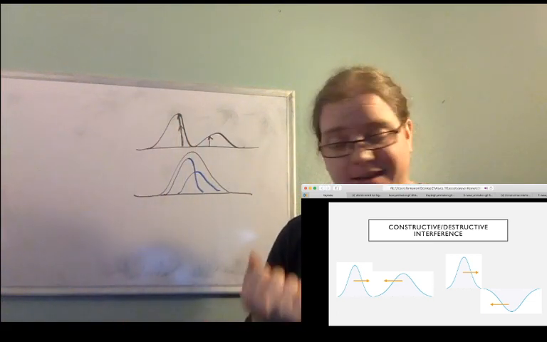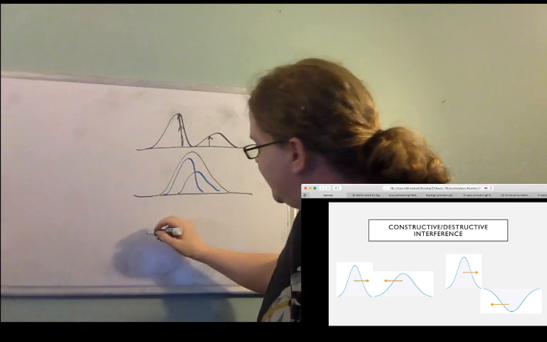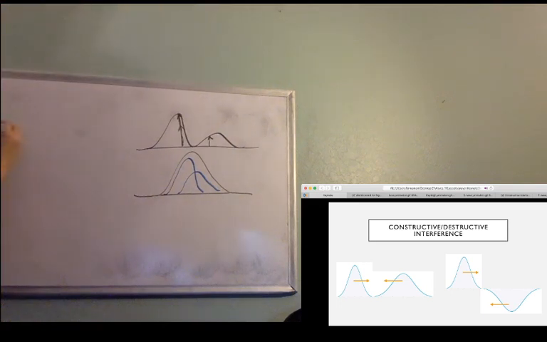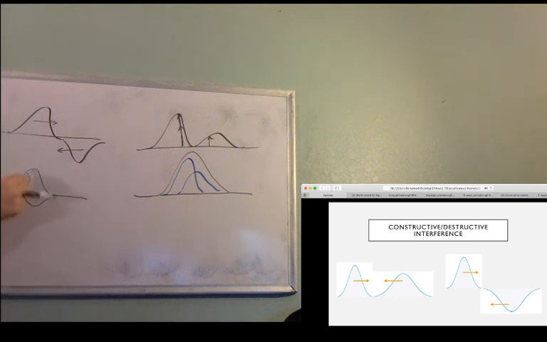On the other hand, if instead it looks like this, so this one's moving this way and that one's moving that way, now when they're in the same place, and you've got one that's up and the other one that's down, they still add, but one of them is now negative. And so this will cancel to become something really tiny.